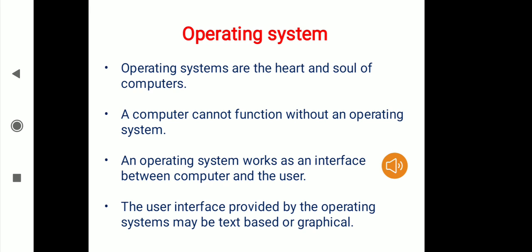The user interface provided by the operating system may be of two types. They can be a text-based user interface, or they can be a graphical user interface. I will explain these two types of interfaces elaborately from the next slide.